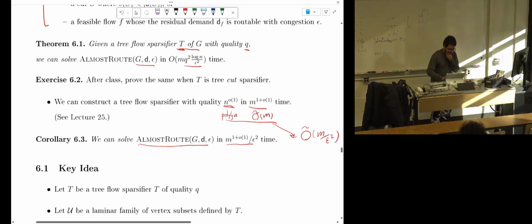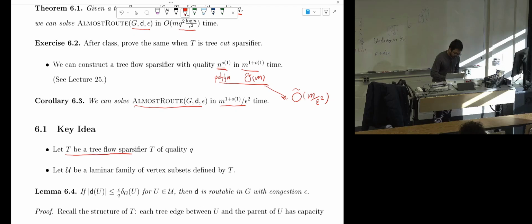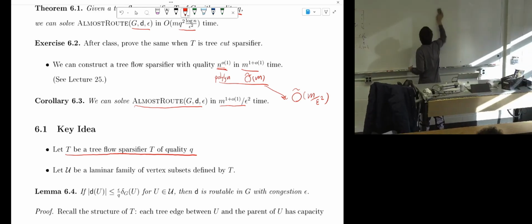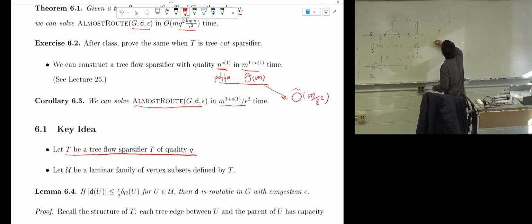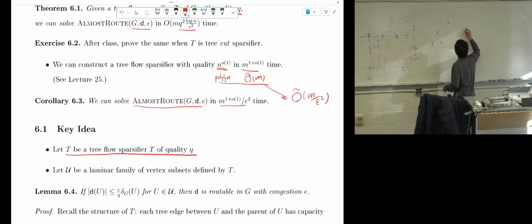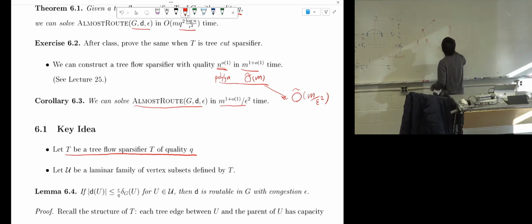Okay, so what's the key idea? The key idea is this. Suppose that I have a tree-flow sparsifier.